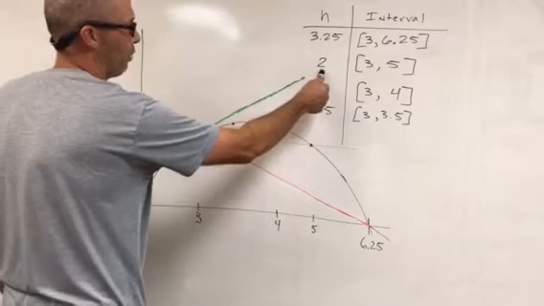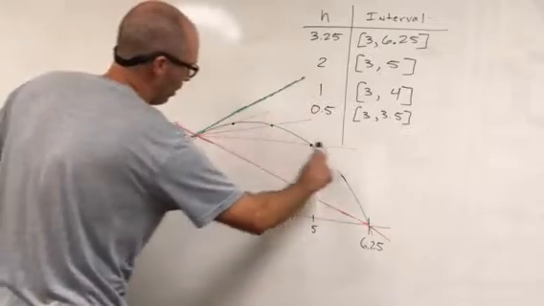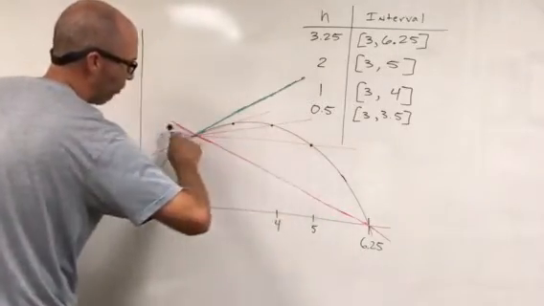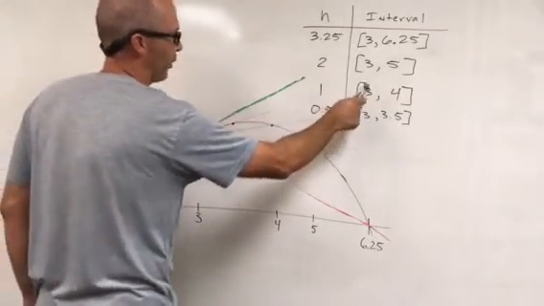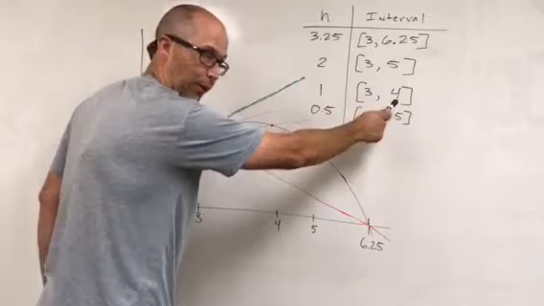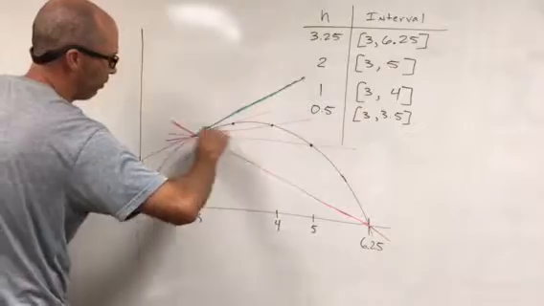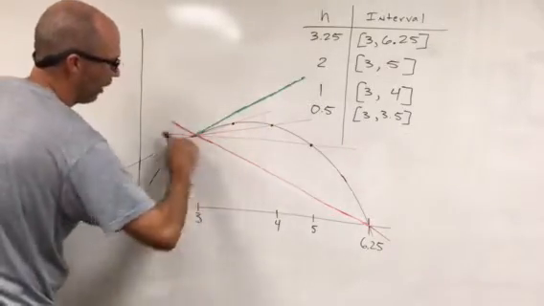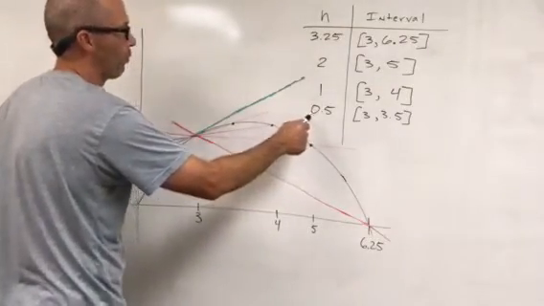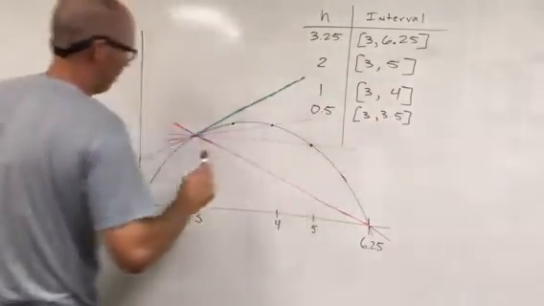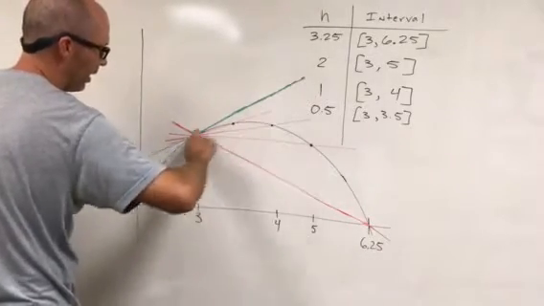When h is 2, 3 plus h is 5, and you're computing the slope of this secant line here. When h is 1, the interval is 3 plus 1, otherwise known as 4, and you're computing the slope of this secant line here. You can see from 3 to 4 there. When h is 0.5, the interval is 3.5, and you're computing the slope of this secant line here.